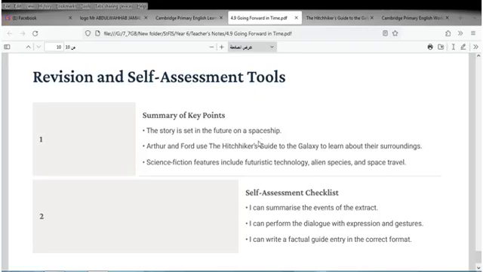In your characterization, you have to show two characters: one is lost, the other is knowledgeable, in order to help each other and to create dialogue between both of them to explain what is going on. Science fiction features include futuristic technology, alien species, and space travel, and advanced technology must be used or shown inside the text.